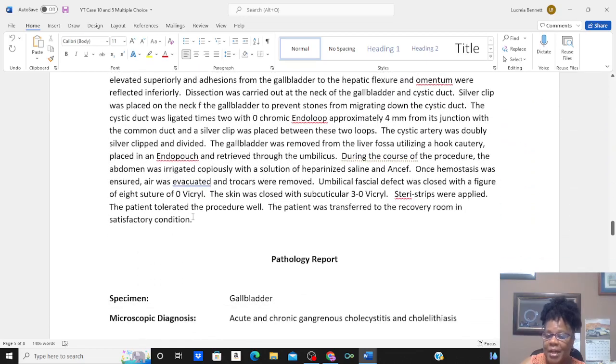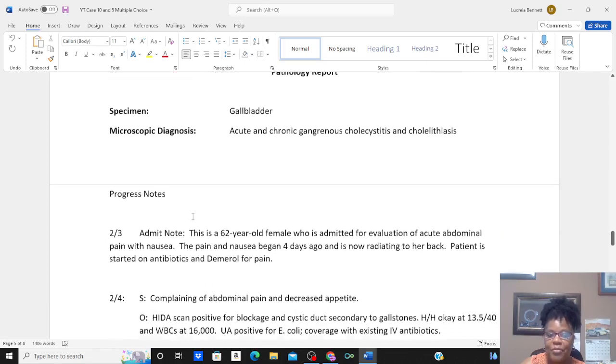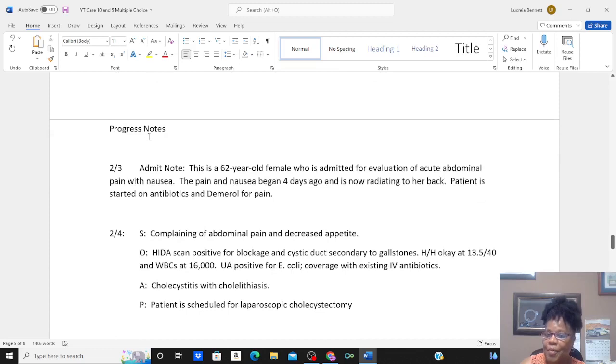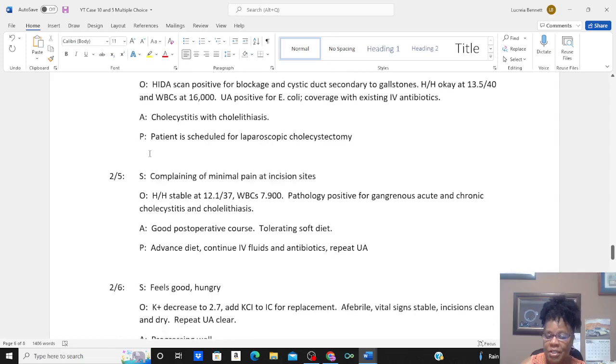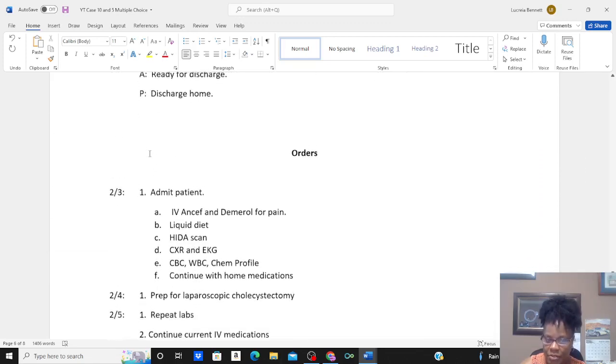And anytime a body part is removed, remember it goes to pathology. There's your path report. Daily progress note. If patient's in acute care, there should be a daily progress note. Subacute once every 3 days. Long-term care every 30 days. There should be physician documentation. There's the orders.